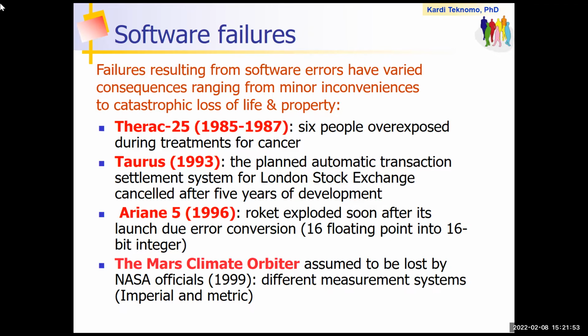But they can still make mistakes, and their mistakes are not small. It can explode one rocket. And the Mars orbiter, for example, at NASA, was lost because the software made a mistake in measurement units, from imperial to metric.